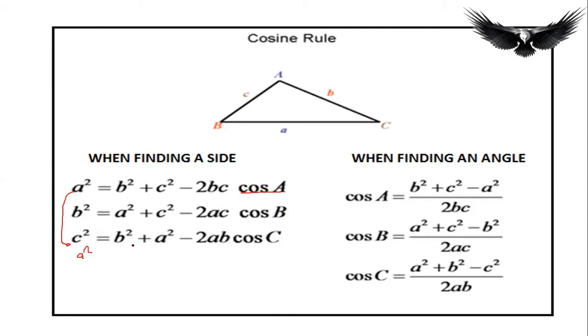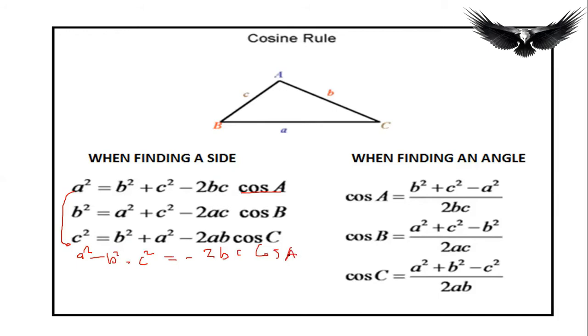Then this b will cross over here, so minus b squared, then minus c squared. We want this one to remain on its own, so everything else should go this side. So this will be equal to minus 2bc cos A.